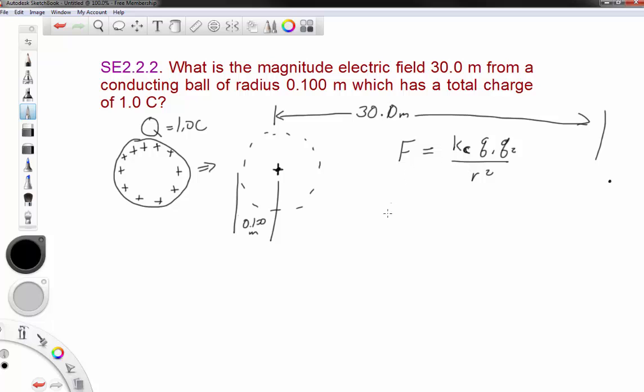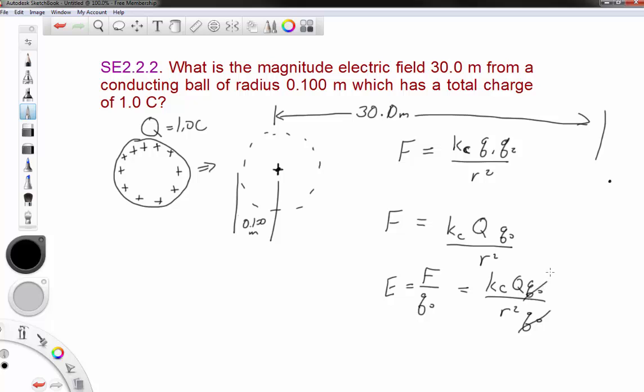So force equals K times Q over R squared. If we wanted to find the electric field strength, that's force divided by test charge. So KQ times little q naught over R squared times little q naught, so those cancel. You're left with the electric field strength being the Coulomb's law constant times the charge of the source divided by the distance squared.